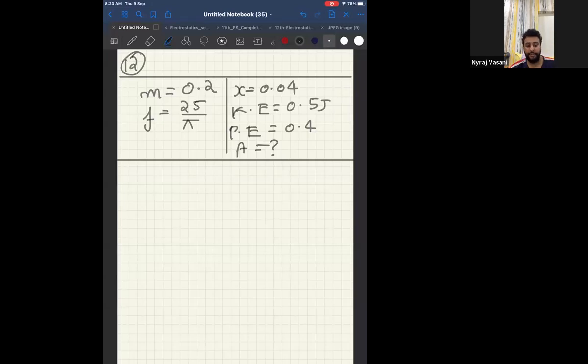I have written the data on the screen. They have given mass, they have given frequency, they have given x, KE, and PE. I have to find amplitude.